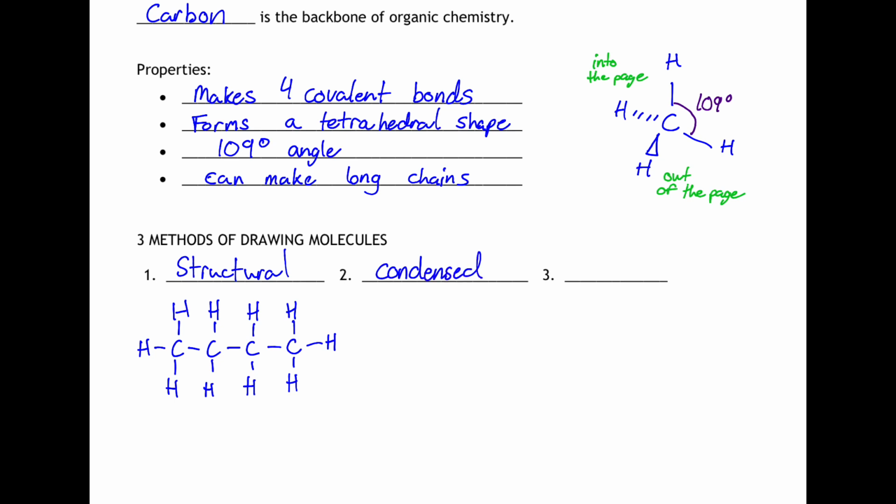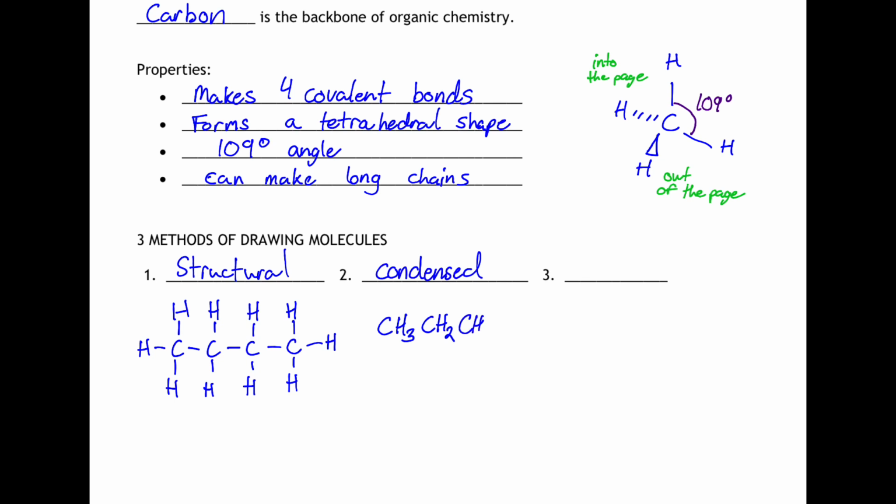There is something called a condensed drawing. Condensed. And that's just jamming each of the groups together. So we're basically going to take the first carbon group, and I say, it's a carbon, and it has 3 hydrogens stuck to it. What's the next carbon? How many hydrogens are stuck to the second one? 2. So that is CH2. How many hydrogens are stuck to the next carbon?